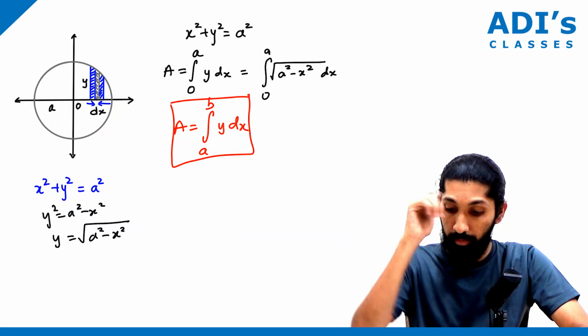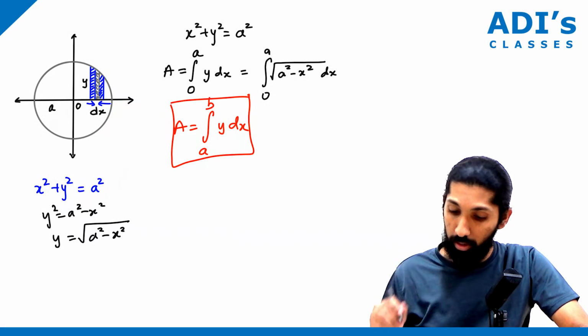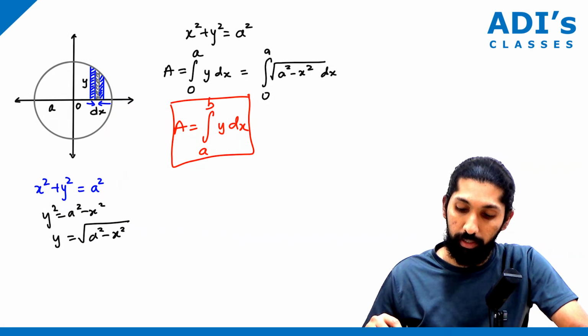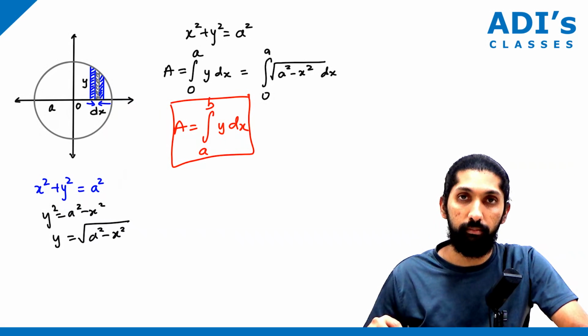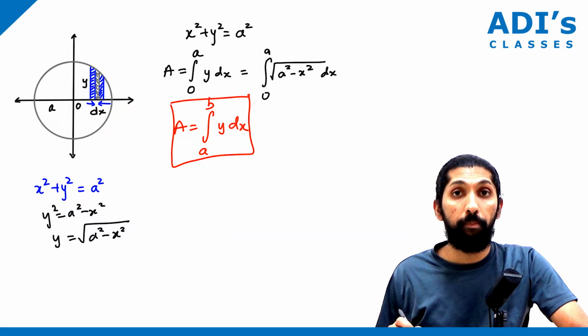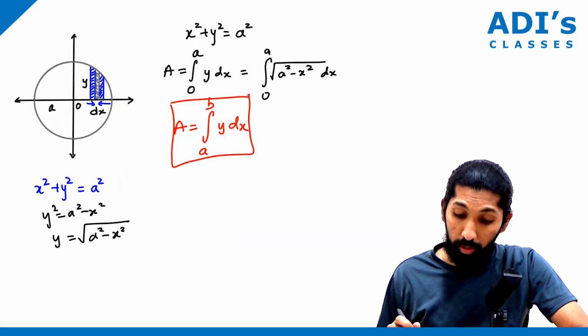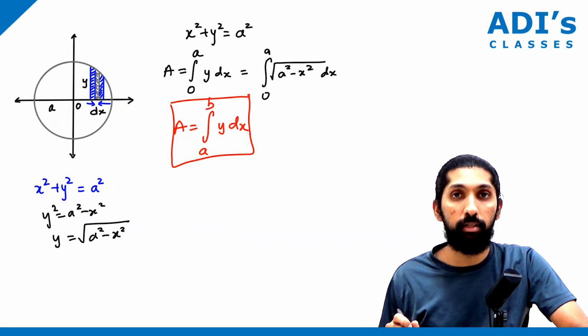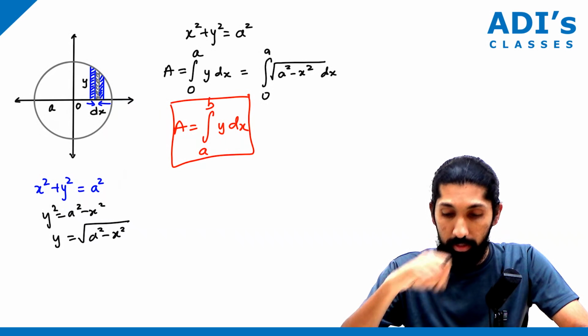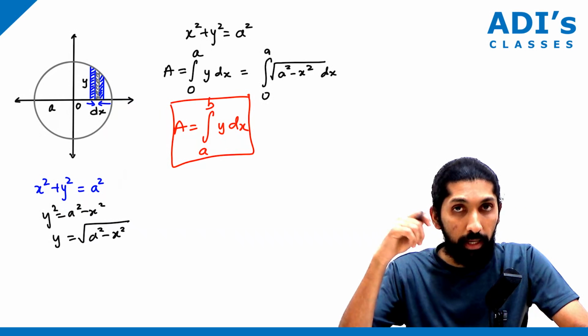So now let's do this one. You have the integral of root of a square minus x square dx from 0 to a. If you remember, you had done a problem based on this integration of root of a square minus x square.